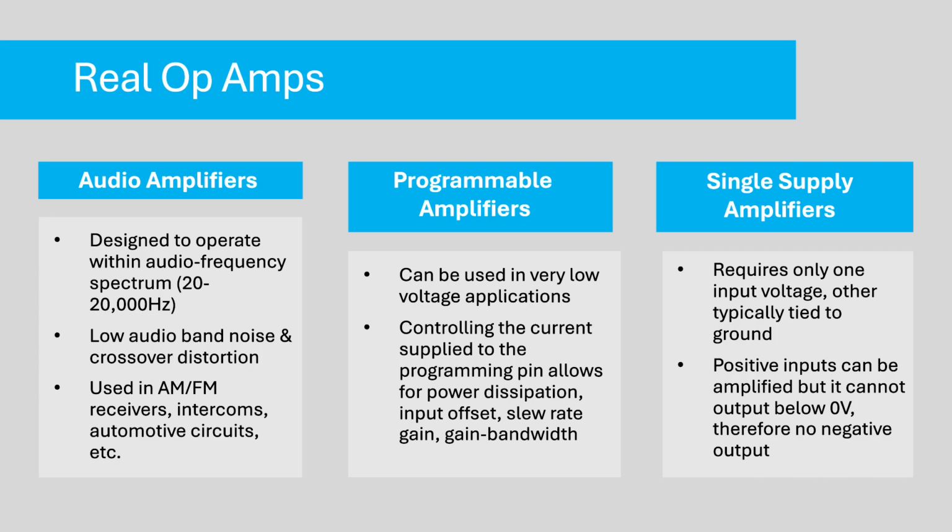The only downside is that because it's tied to ground, there is no input below 0. There's no output below 0. So you can only show positive outputs, which can be not great for AC coupled applications because half of your signal basically disappears because of that.